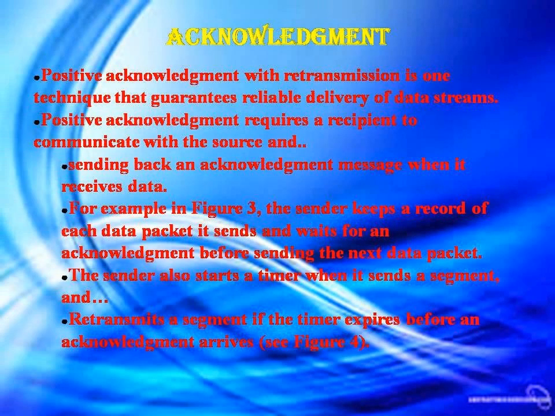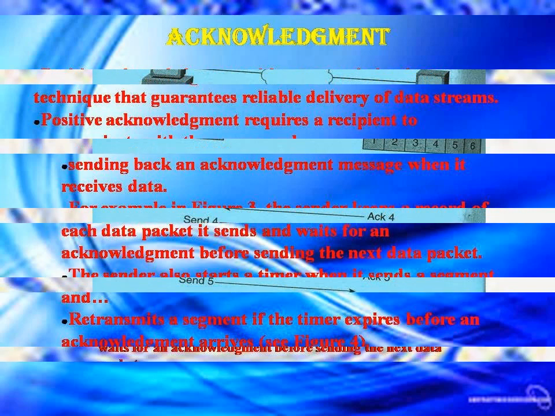Acknowledgement. Positive acknowledgement with retransmission is one technique that guarantees reliable delivery of data streams. Positive acknowledgement requires a recipient to communicate with the source by sending back an acknowledgement message when it receives data.